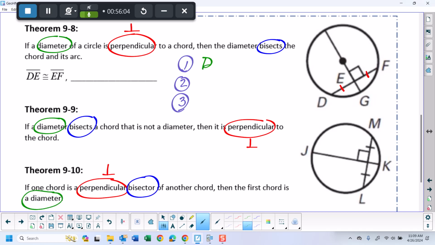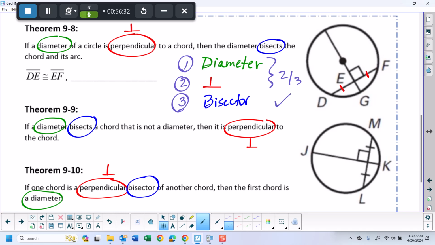Your first consideration is the diameter. Your second consideration is, is it perpendicular? Your third consideration is, is it a bisector? Anytime that you have two out of the three, that means you're guaranteed the third.